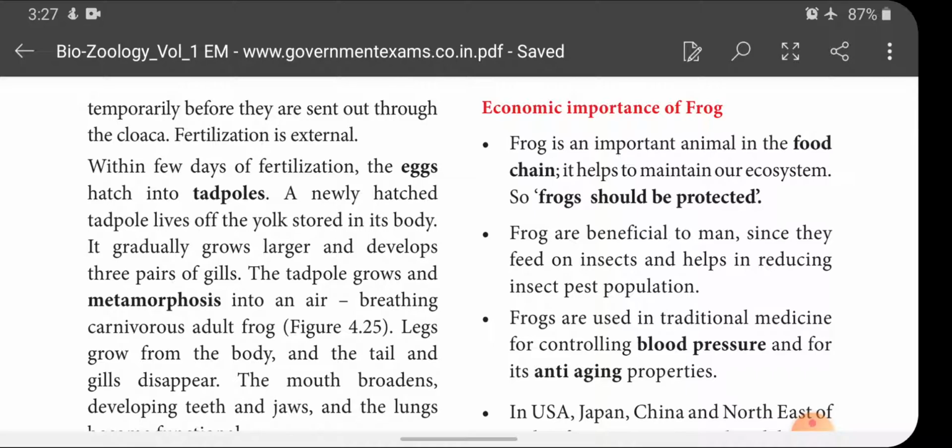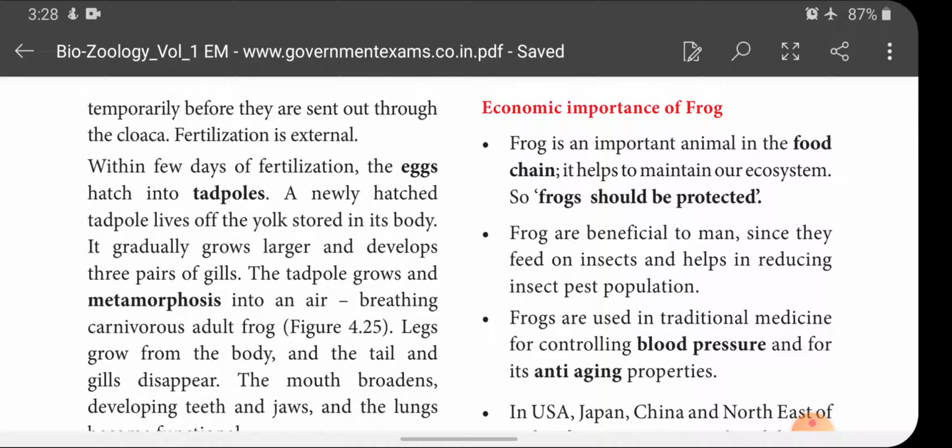It gradually grows larger and develops 3 pairs of gills.